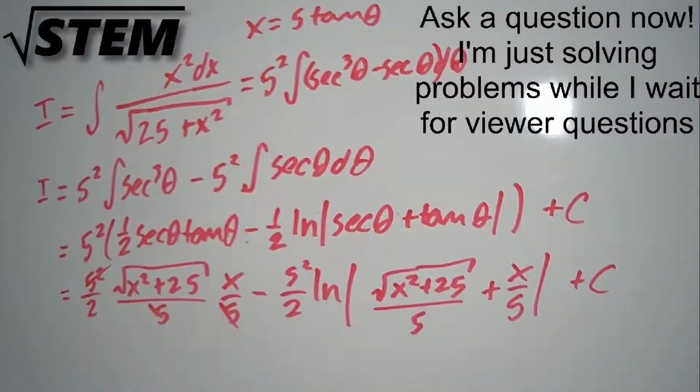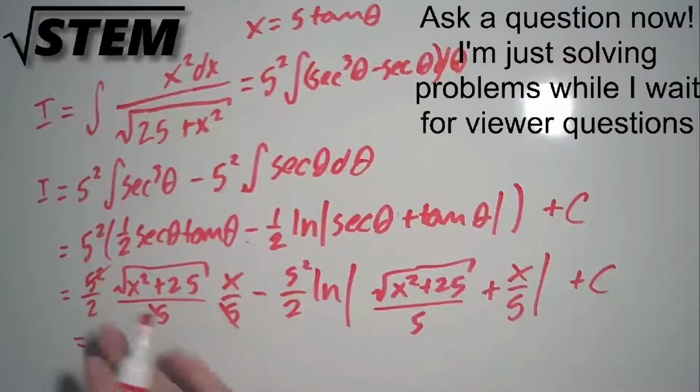Natural log of a product, we could split into natural log of 1/5 plus natural log of this stuff, but that would just be messy, and we'd have to write an extra term on the outside that we don't really want. So I think really the most that we'll be able to simplify this is a half.